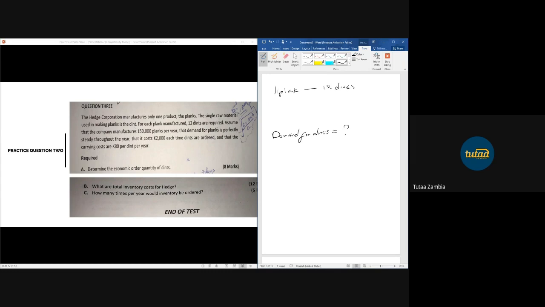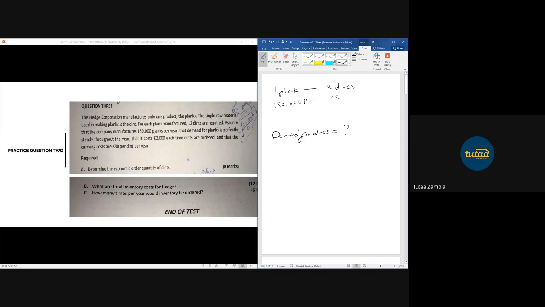So we're going to do some simple mathematics here. 150,000 planks, and we're looking for x, the demand for dints.